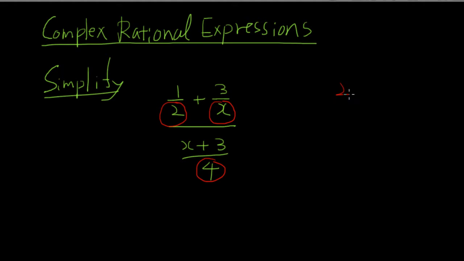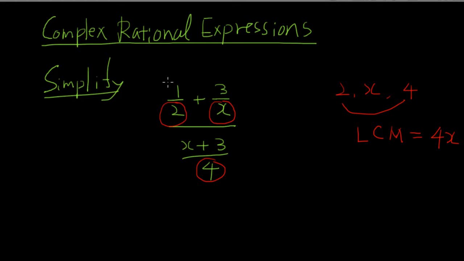So we have 2, x, and 4. And what we're looking for is the least common multiple of these. What would be the least common multiple between 2x and 4? Well, that's 4x.